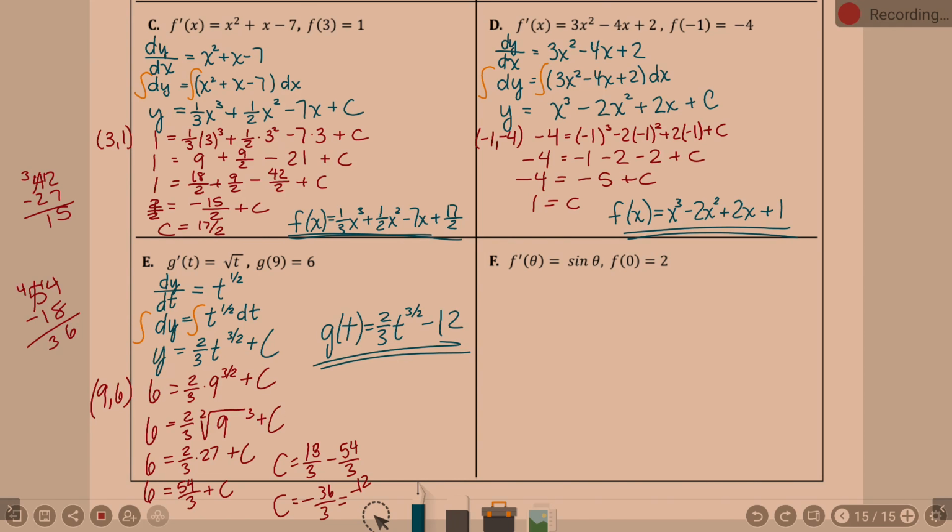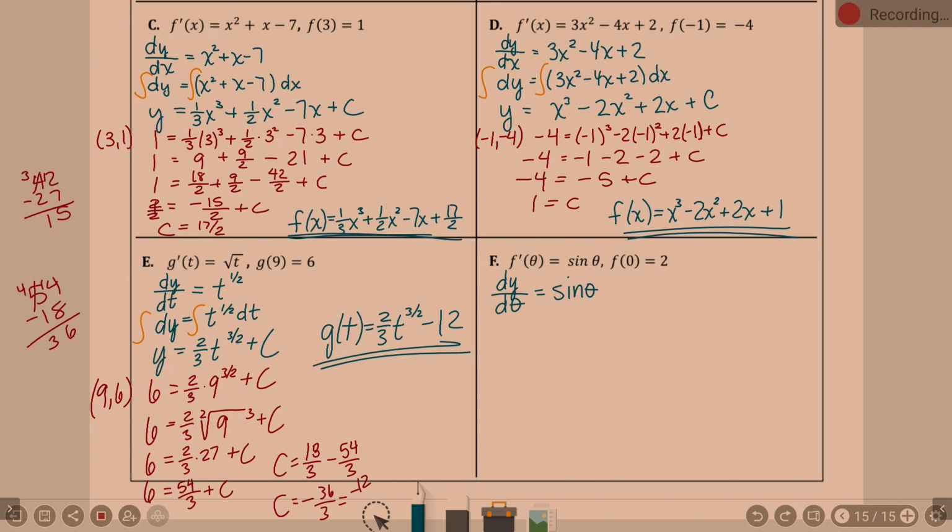So I'm going to call this dy d theta equals sine theta. Oh, go figure. Guess what I did in my notes? df d theta. I can't win for losing here. Do whatever you want.